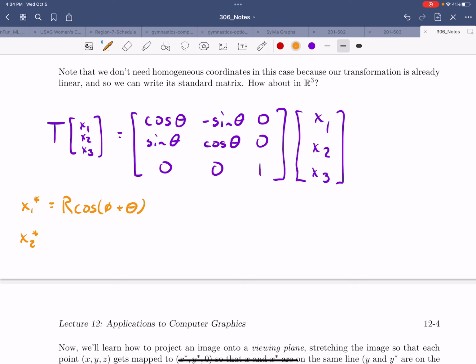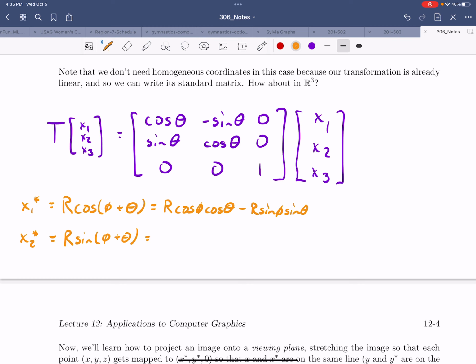And analogously, x2 is being transported to r sine of phi plus theta, right? This is just basic polar, if you remember that from Calc 1 or 2. So anyway, when we do this out, this is r times the quantity cosine of phi, cosine of theta, minus r sine of phi, sine of theta.